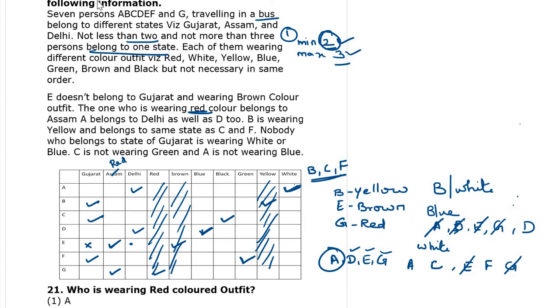Okay. So now we find out A is wearing white. B yellow. C black. D is blue.